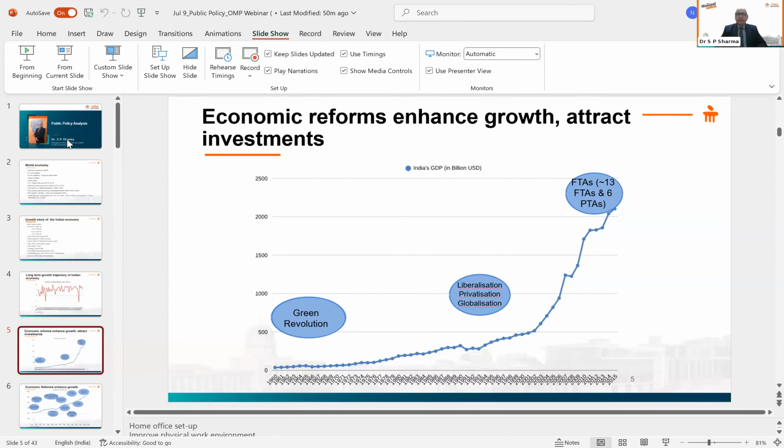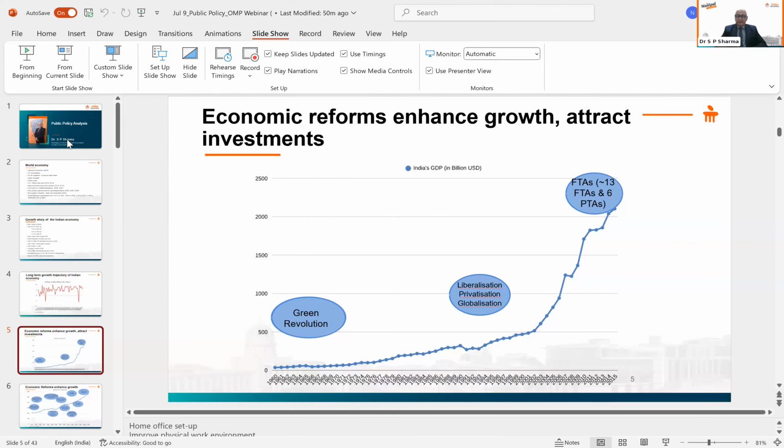And if we talk about the reforms we have undertaken so far, firstly, the first chunk of reforms from the Green Revolution to liberalization, privatization, and globalization, then the FTAs. We started our reforms from the 1960s to 70s with the Green Revolution. Then we started the LPG model in 1991. That is the liberalization, privatization, and globalization model.